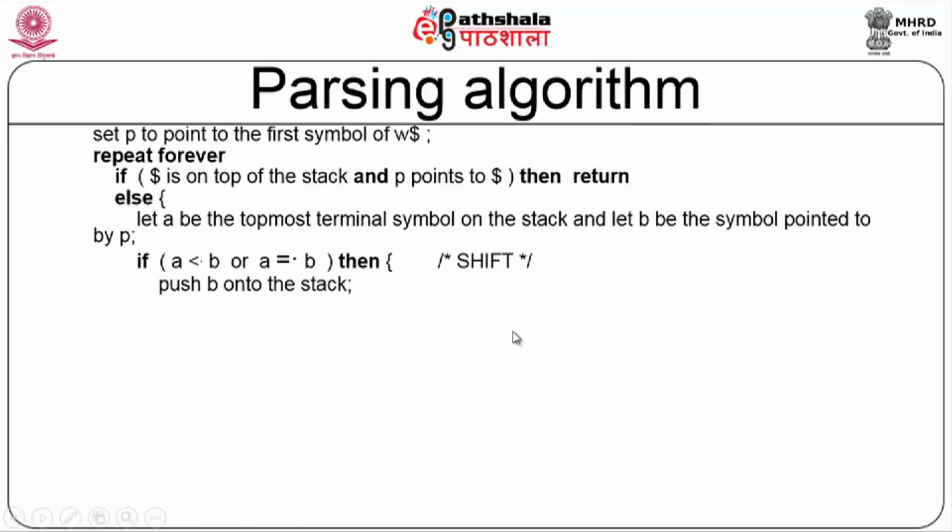Shift in the sense that you push the symbol B onto the stack. Already the symbol A is on the stack, now you push B also onto the stack. Then you advance the input pointer to the next symbol. So, this is one operation.